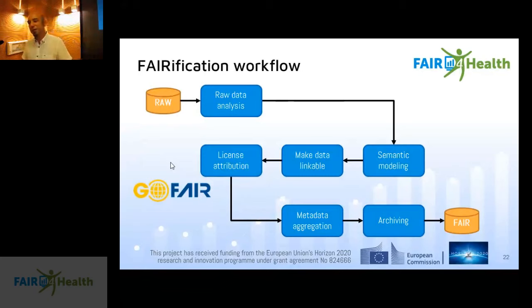Afterwards, we have to provide this dataset with a license. So you can state this dataset could be used for free, or you can use it but you have to cite the owners, or you can only use it if you contact us and we sign an IPR agreement or whatever kind of license for reusing data. After adding this license, aggregate all needed metadata for provenance.